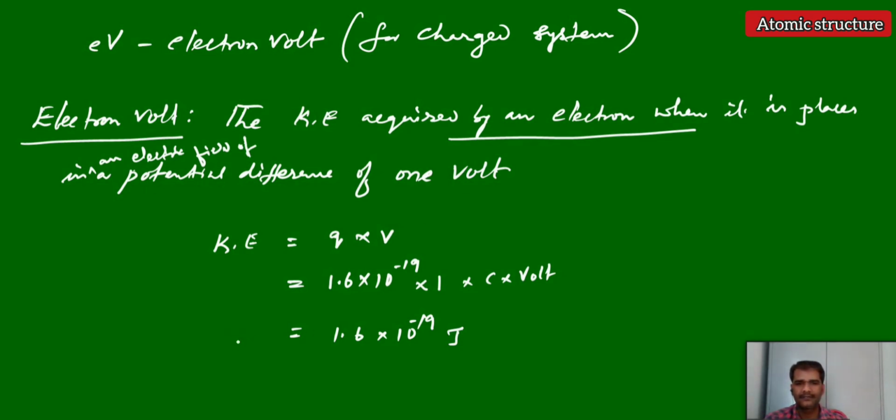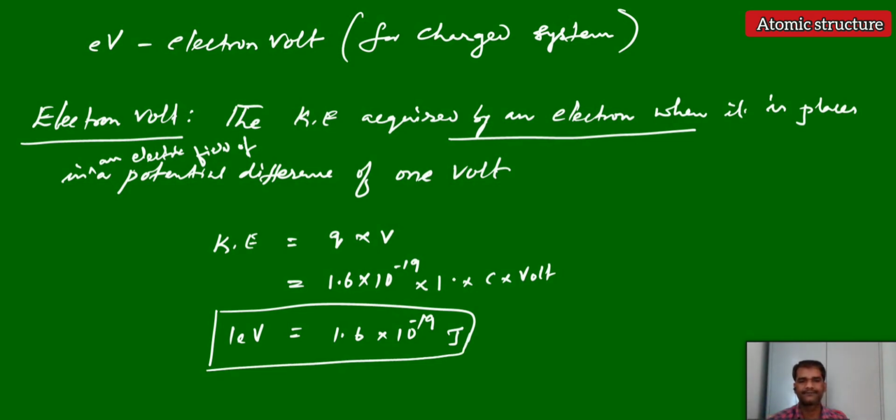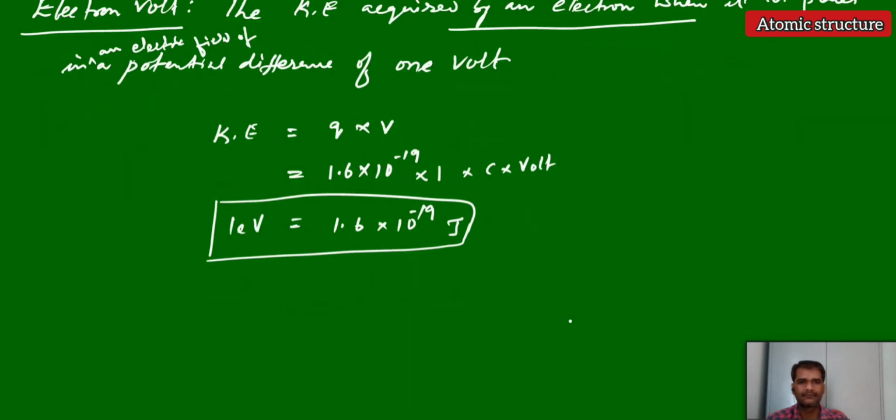So we can say that 1 electron volt is equal to 1.6 into 10 power minus 19 joules. This value you should remember.